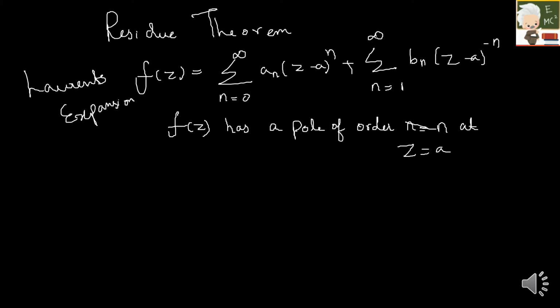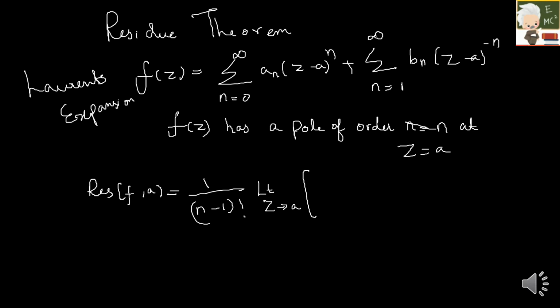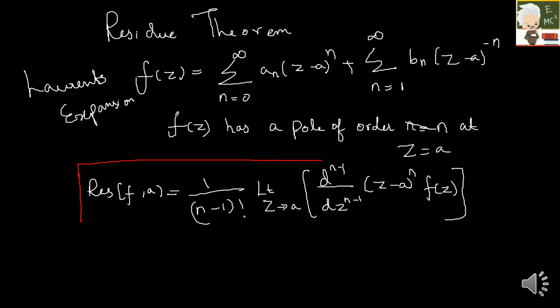So here I can find my residue as Res f(a) = 1/(n-1)! limit z tends to a of d^(n-1)/dz^(n-1) of (z - a)^n f(z). This might look odd to you, but soon you will get used to it. This is the most important thing which you have to remember. Even if someone wakes you up in your sleep and asks you the formula for the residue, how to find the residue of a given function, you should be able to remember.